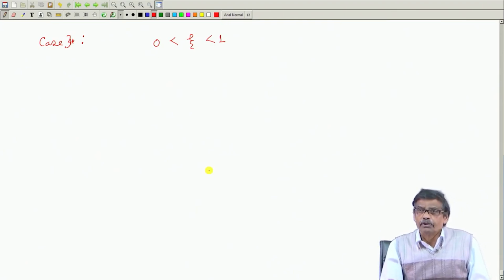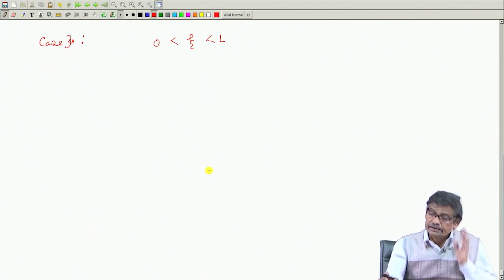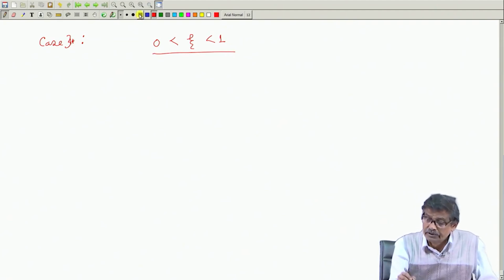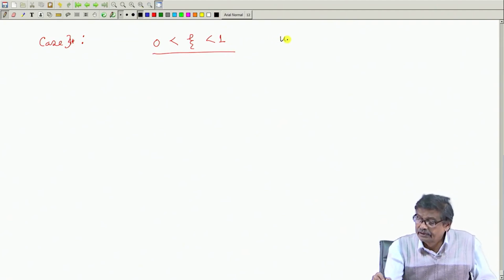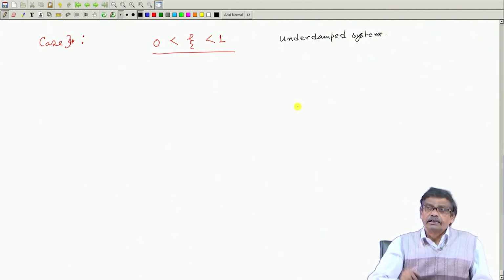Zeta of course will always be positive. Suppose a circuit has RLC parameters such that this is the case. This system, we will see soon, is an underdamped system, and we will continue this in the following class. Thank you.